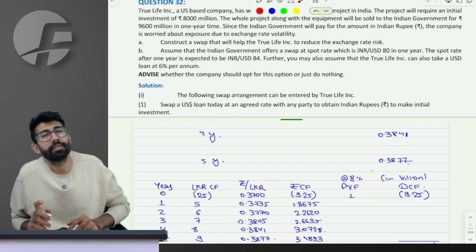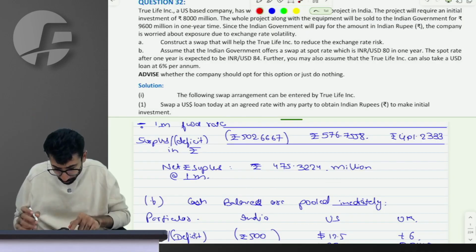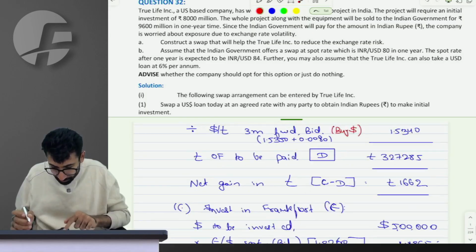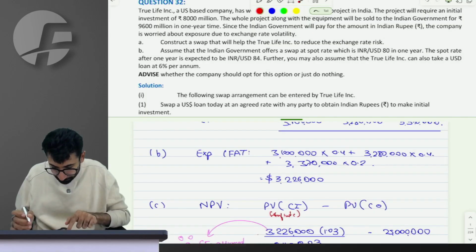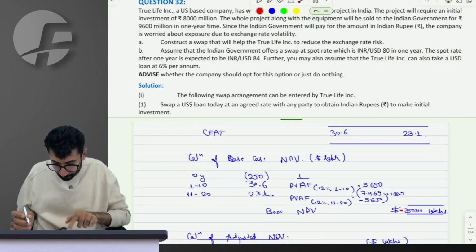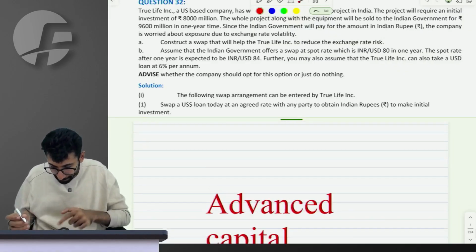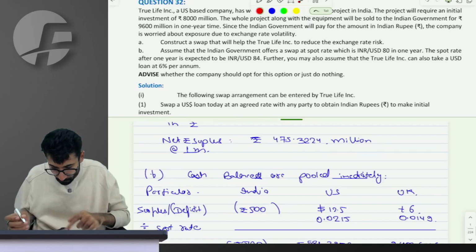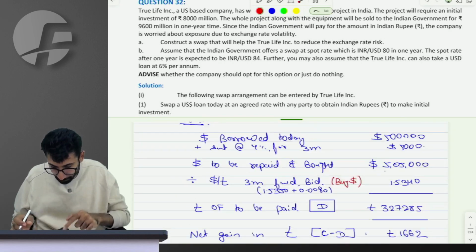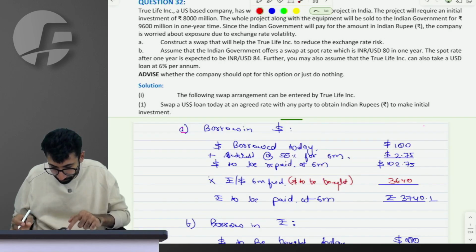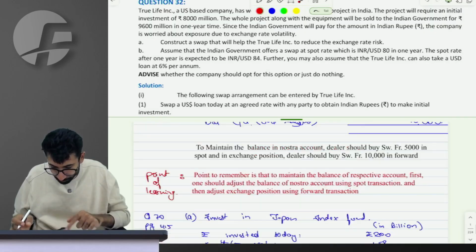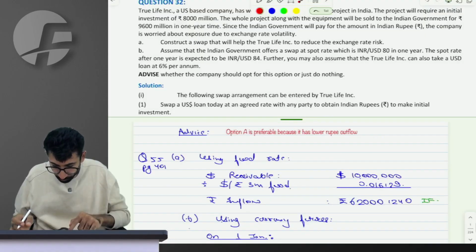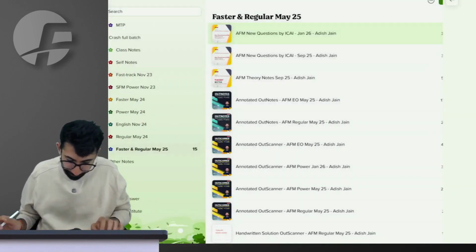Question 32 is there in the chapter of Forex in our book. Forex, this is the question of, wait. Hold on for a minute.